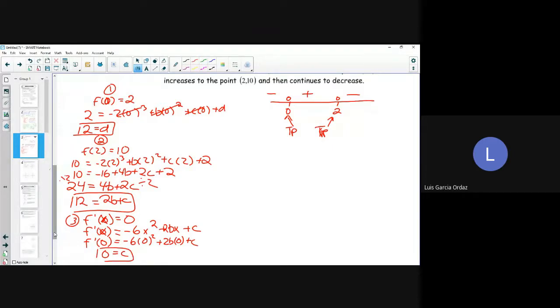So I can figure out my b value by subbing into number 2. So I get 12 is equal to 2b plus 0, and b is equal to 6. Which means that my b value is 6, my c value is 0, and my d is 2.